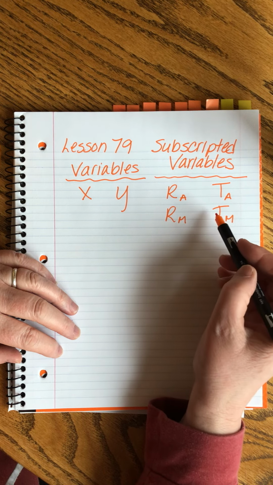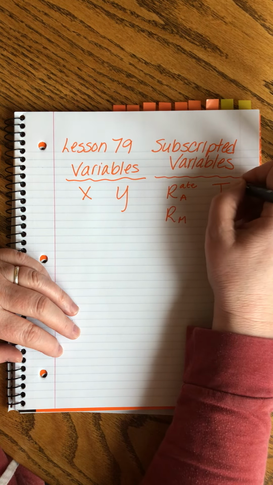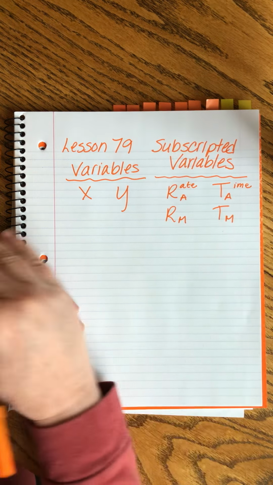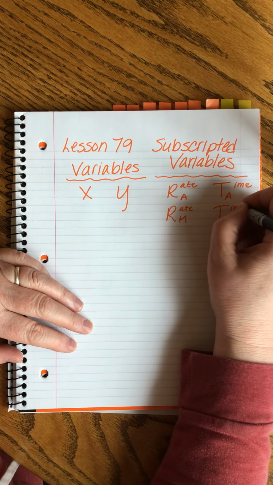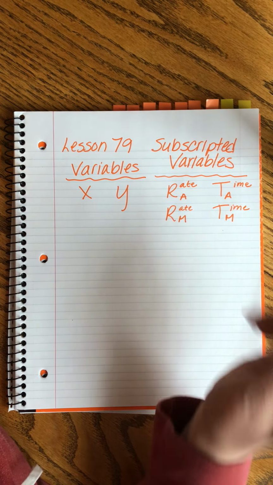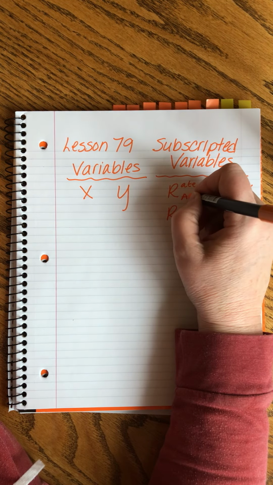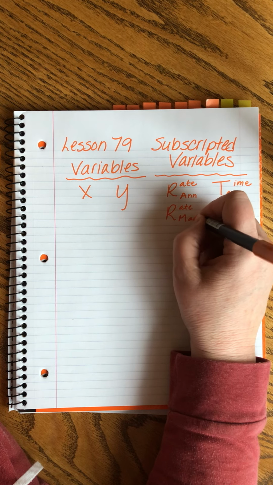In this case, with these R's and T's, R stands for rate and T stands for time. That would give us information to help us understand the story. A and M would likely stand for names, Anne and let's say Mary.